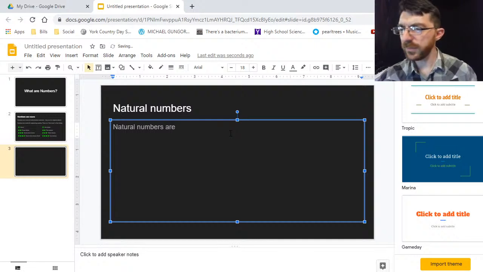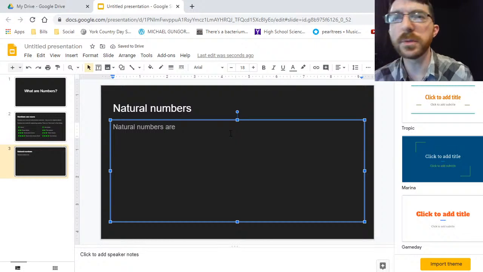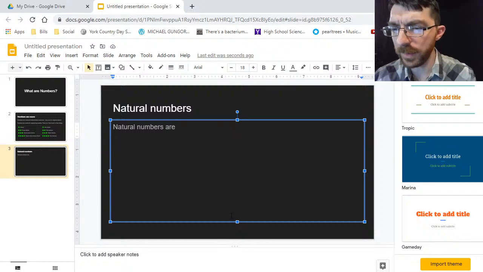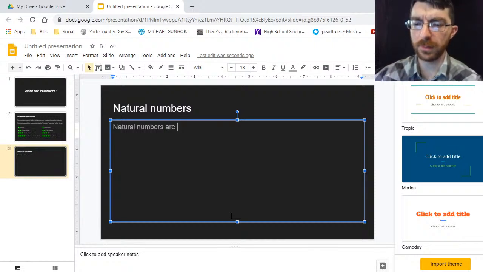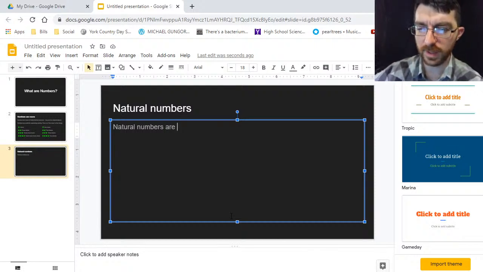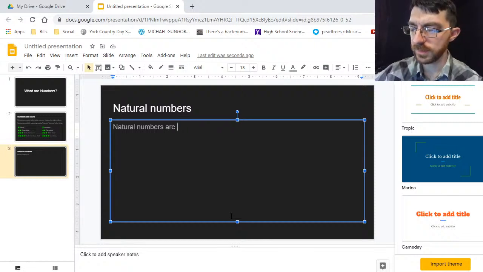Natural numbers are, what's the difference between a whole number and a natural number? I think whole number might not be a rigorous definition, or whole numbers. Let's just include the negatives. It looks like it's just a synonym for integer. Whole numbers and integers.